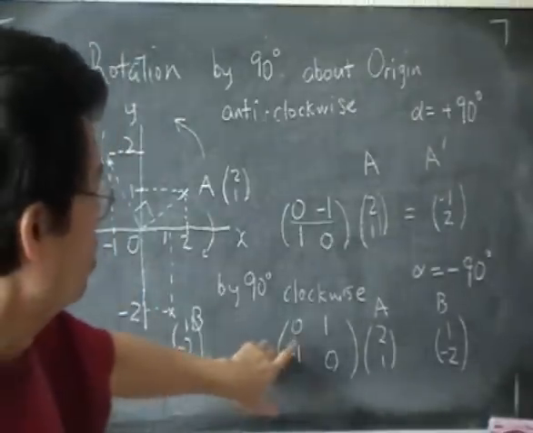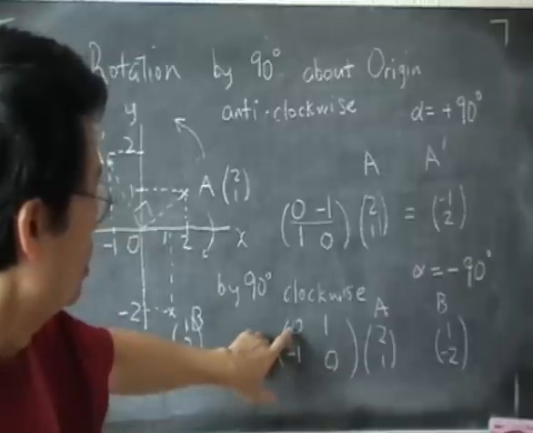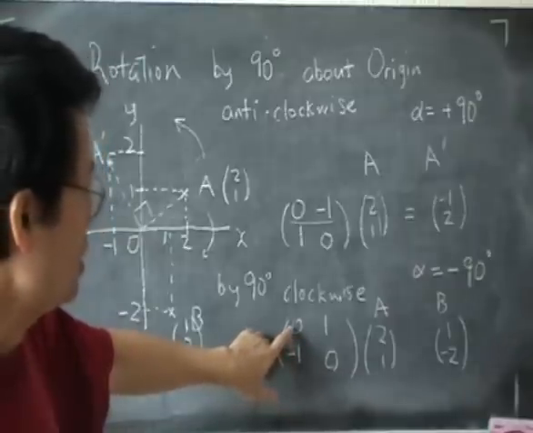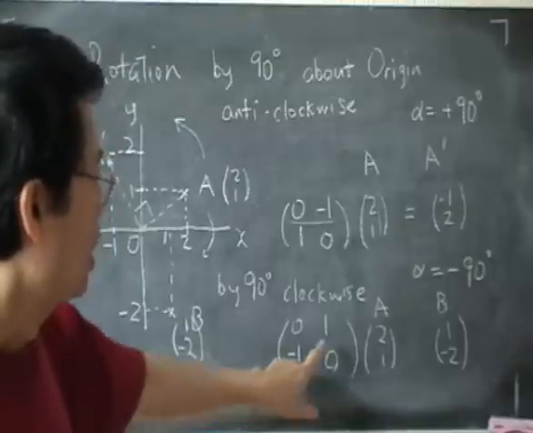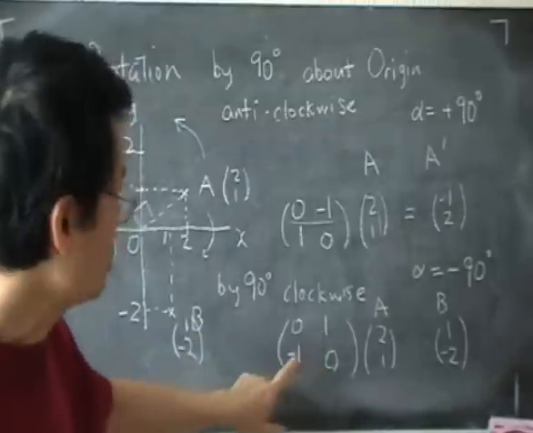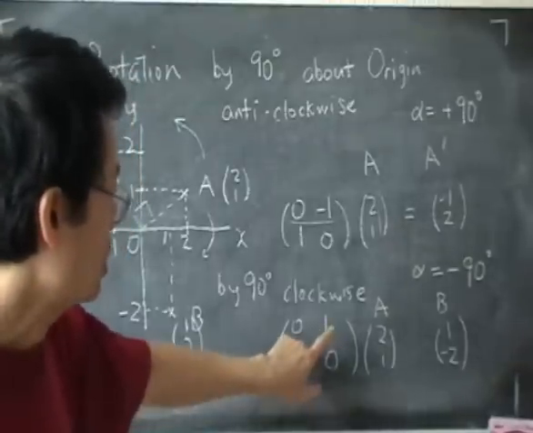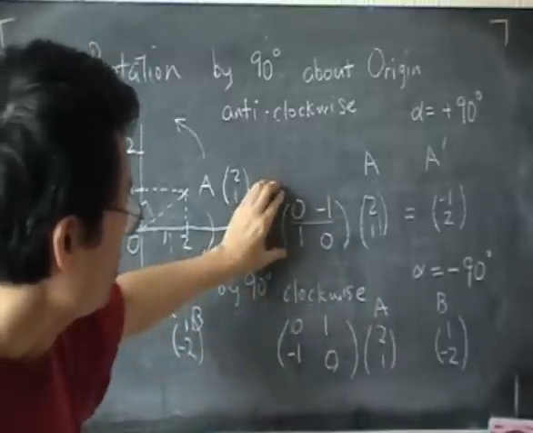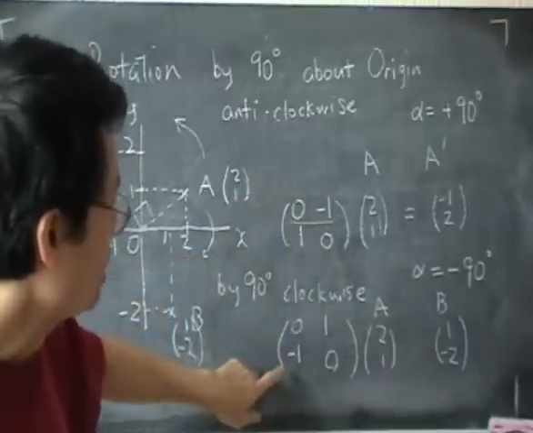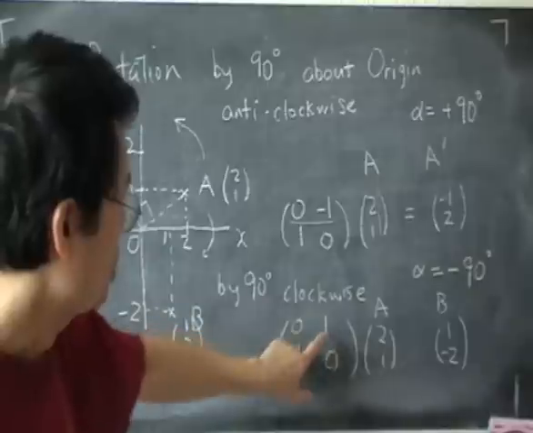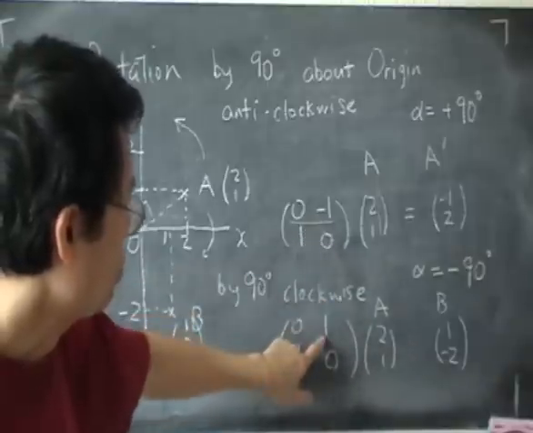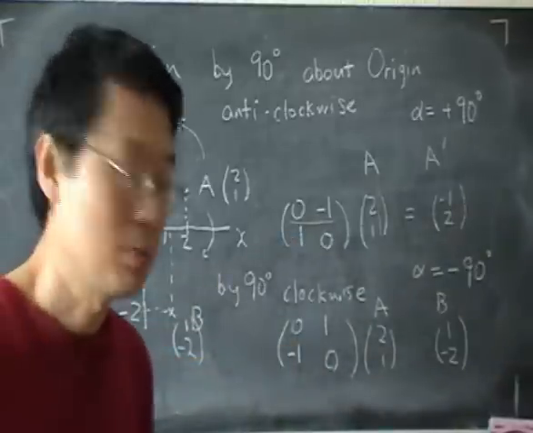So again, we have cosine of minus 90 degrees is 0, and sine of minus 90 degrees is actually minus 1. So that's what we get. And it looks very similar to the previous matrix, except that the signs are reversed. Minus 1 becomes 1 and 1 becomes minus 1.